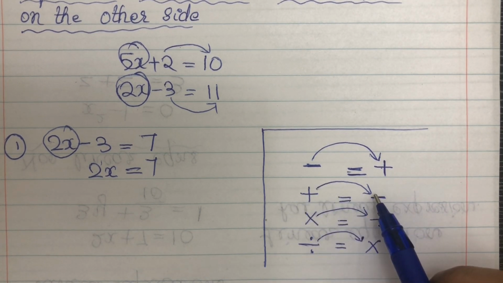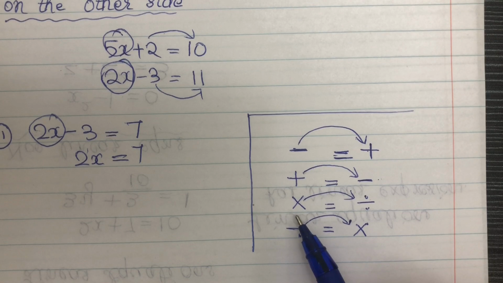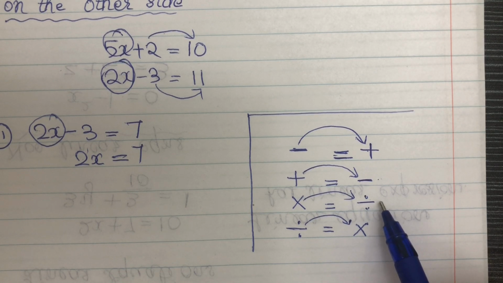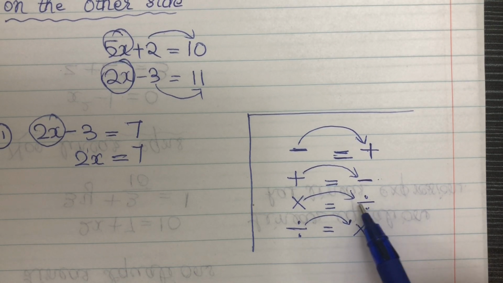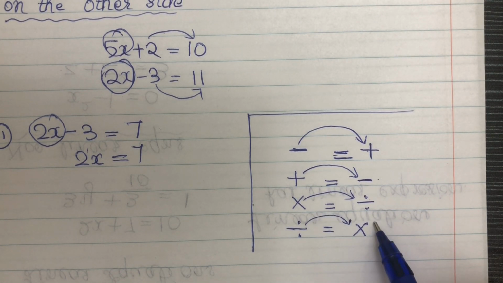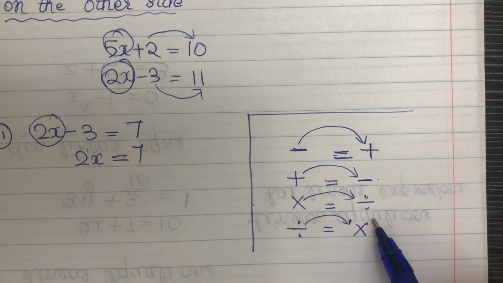So it will be the opposite of that, that is negative. Whenever you are transferring a term which is multiplied to the RHS, it will not be again multiplied, it will be divided, right? Whenever you are transferring a term which is divided to the other side of the equal sign, it will not be again divided, it will be multiplied.